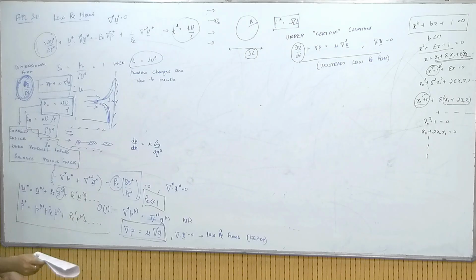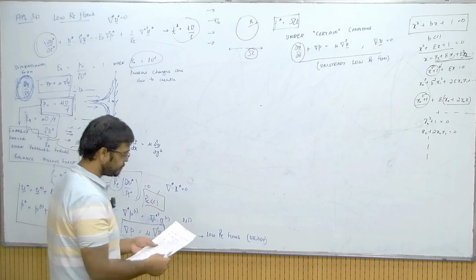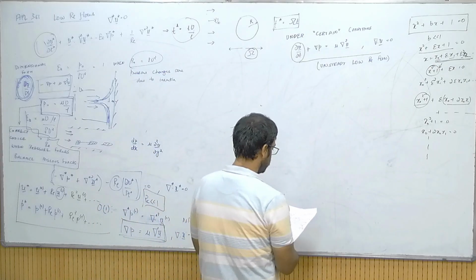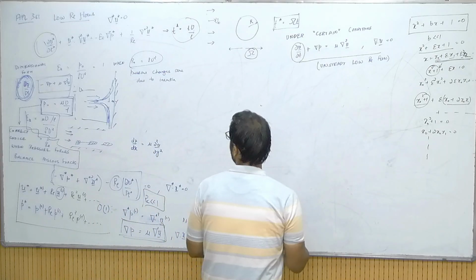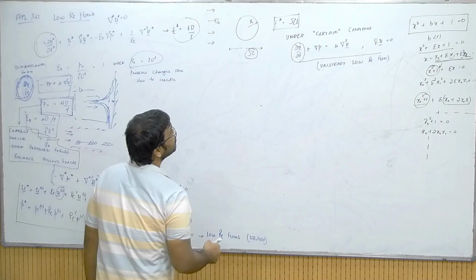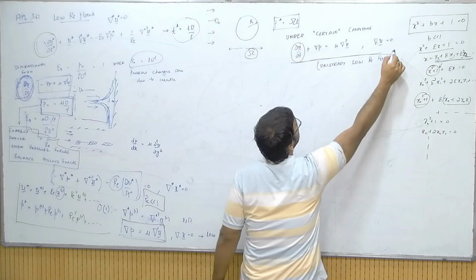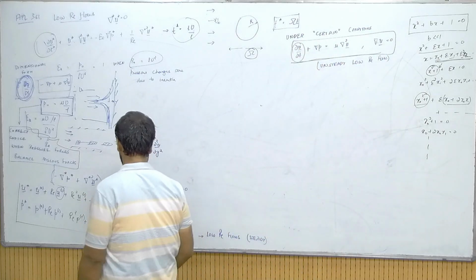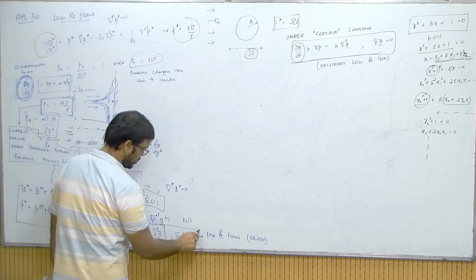For that you need to look at the specific problem we are dealing with. We have not assumed anything about u star and p star being steady. Maybe we'll do an example of this after we discuss all the examples of this particular case.